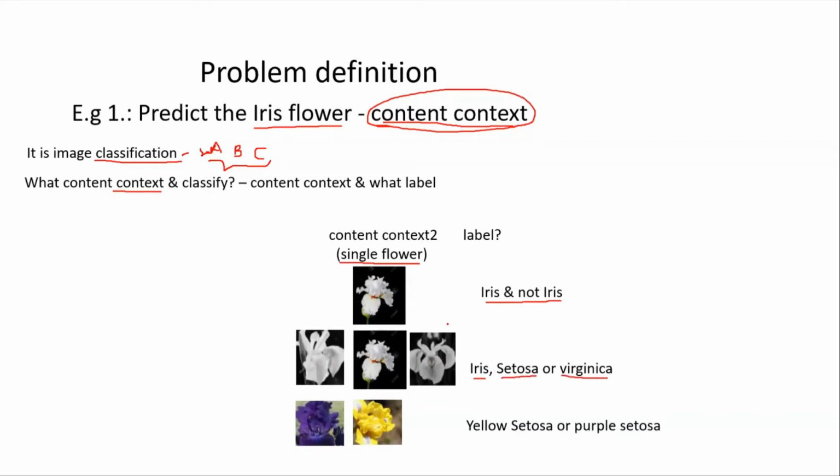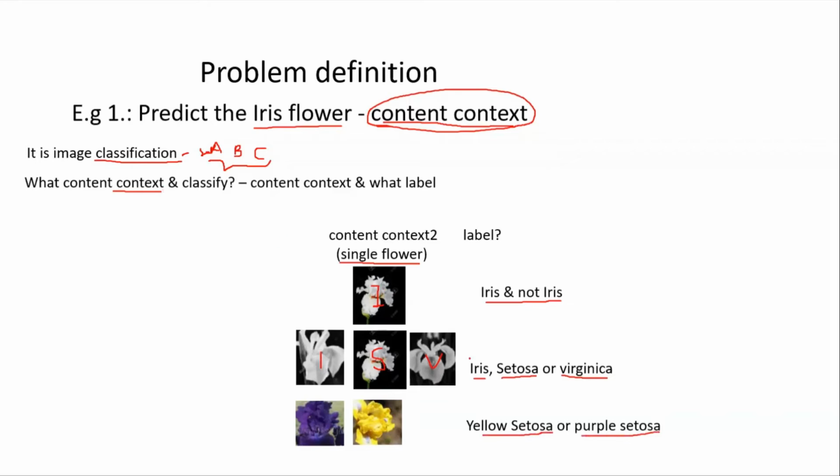So my recognition will predict this is an iris flower, this is a setosa, and this is a virginica. So you've got three categories. On number three, you have two classes.